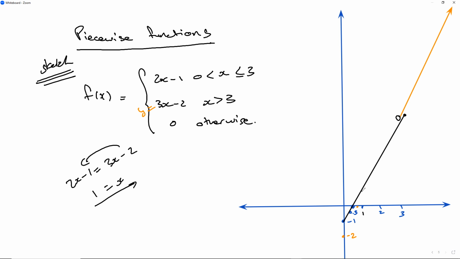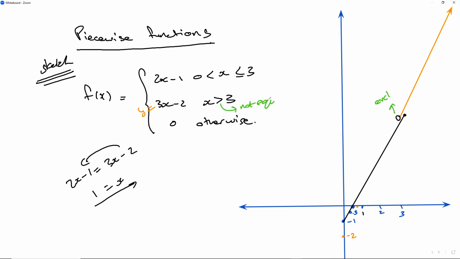So at the point (1, 1), they would have crossed each other's paths, but this one continues from 3 onwards anyway. And that implies that we have to have some kind of open circle. That open circle means that it's excluding 3, because it's not equal to 3.